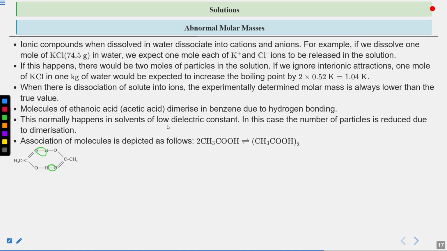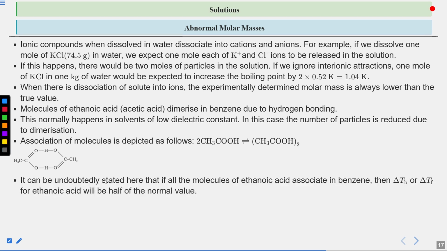Is it clear? It's very, very important to understand that both association and dissociation change the value of the colligative properties that we are calculating. Now, it can be said undoubtedly that if this association or dissociation happens, then delta Tb and delta Tf will change.